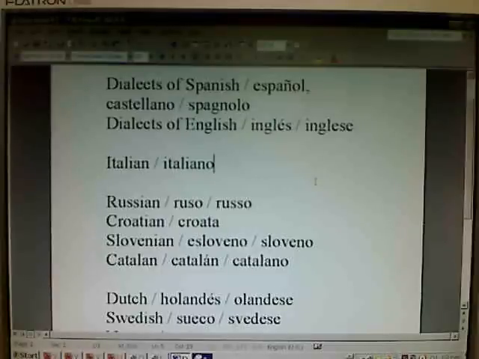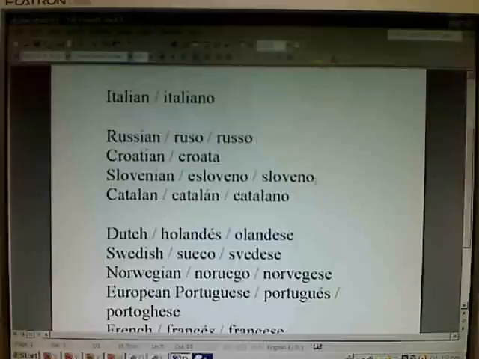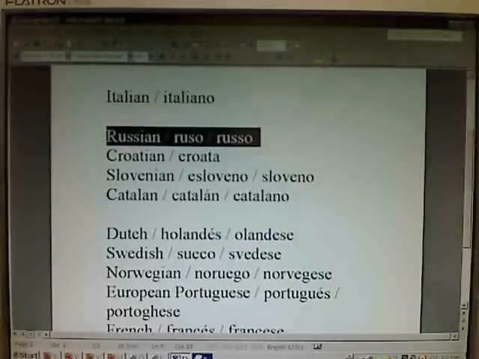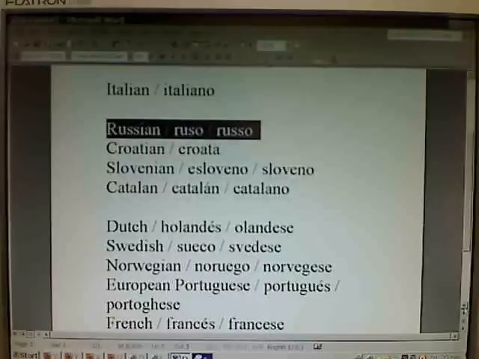Okay, languages that I am not studying right now, but I intend to study in the future. Definitely, definitely, definitely Russian. Russo. I love Russian. I don't know anything about Russian, but I love it already. I'm infatuated with Russian. I love the sound of it.